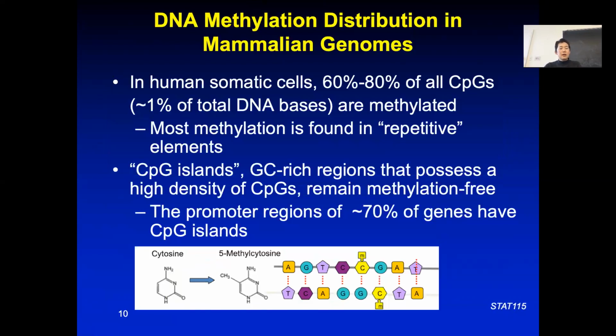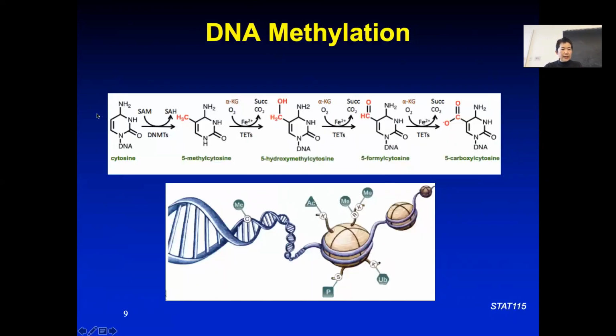Most of the human genome, in fact, if a cytosine is not methylated, there are enzymes in the human genome that can convert it, and it is very likely to be converted into a T. As a result, the human genome has a higher frequency of A and T, and it's not 25% AT and 25% GC.